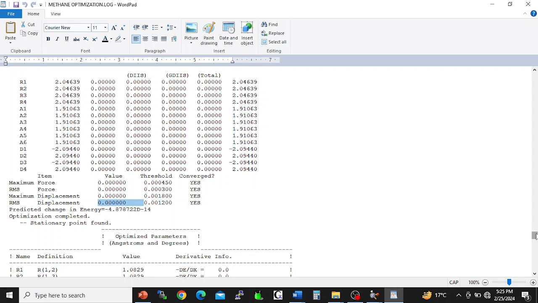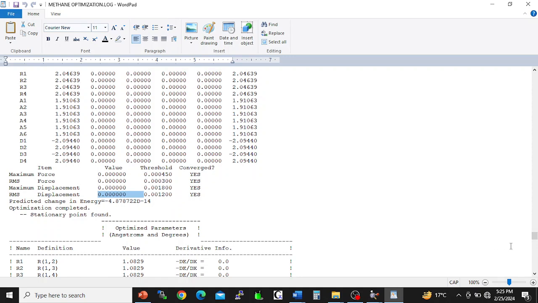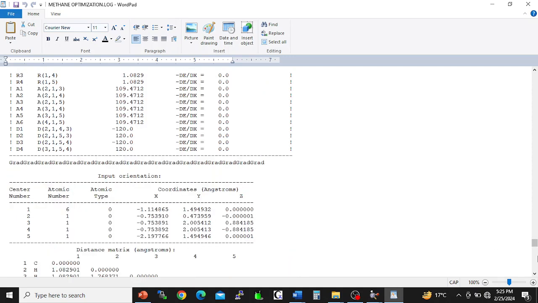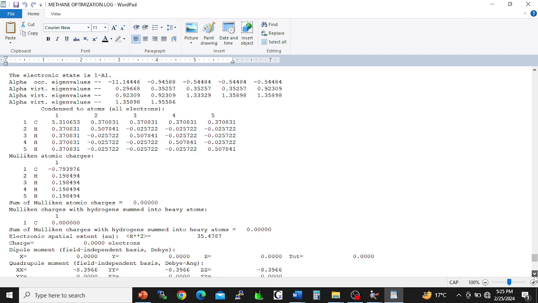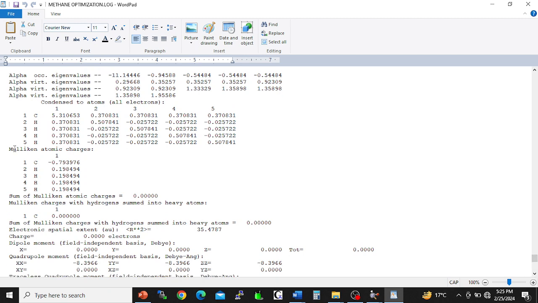This structure is considered as optimized, and once it is optimized, it prints certain values here. So you can see it prints the atomic charges. It also prints condensed to atom all electrons.